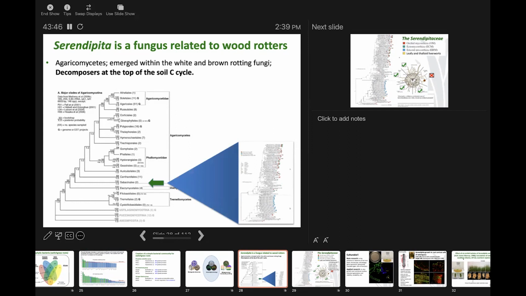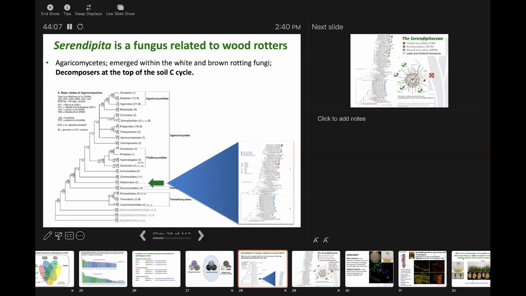So all the leaf litter would just keep building up. All the dead trees keep building up. Everything's going to build up because there's nothing to break it down. It's not like it breaks down by itself. It's decomposed, okay? Now, the fungus I just told you is part of this group, and it lies right here.